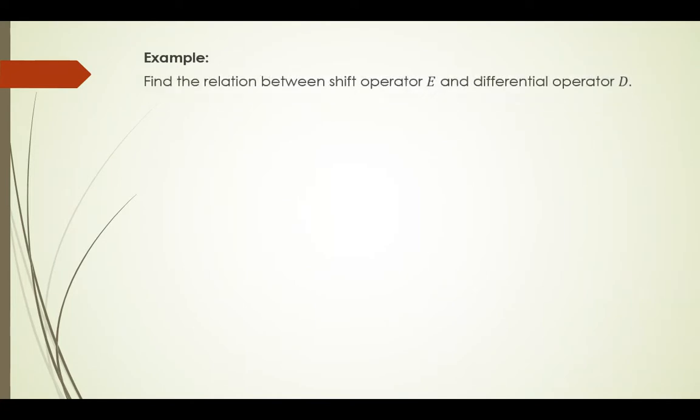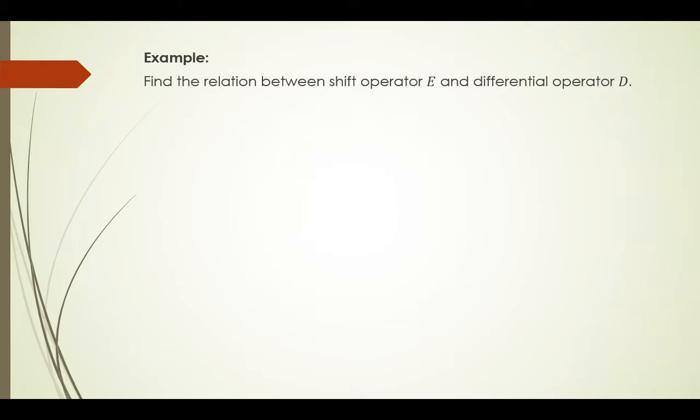We may say, for example, and this example was included in previous university papers: find the relation between the shift operator E and the differential operator D. Capital D is actually the derivative of the function, that is called the differential operator, and E is the shift operator.